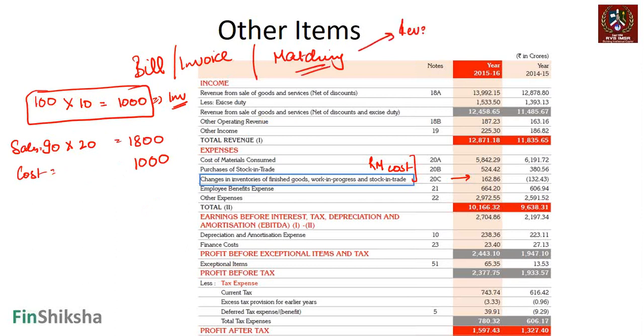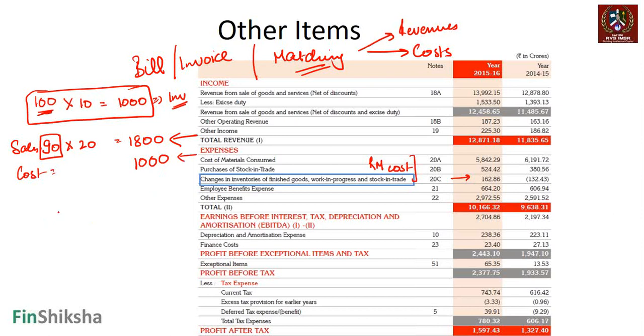So you have to match the revenues to respective costs. Now only 1800 have come in because you have sold only 90. So you have to use the cost also for 90. You cannot use the cost for 100. But here the cost is for all these 100 that are there.